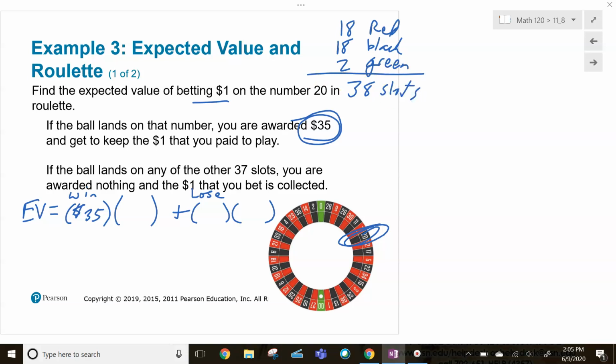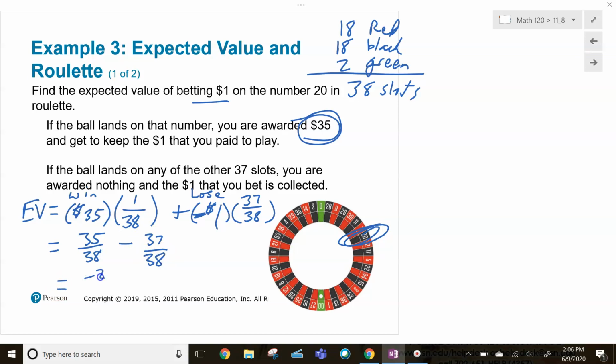Okay. So we have a 1 in 38 probability of winning, of hitting that black number 20. What's the probability of losing? Well, any of the others are a loser. So 37 out of 38 is a loss, but we only lose $1. Okay, so we multiply this. We got 35 out of 38, and this is minus 37 out of 38.